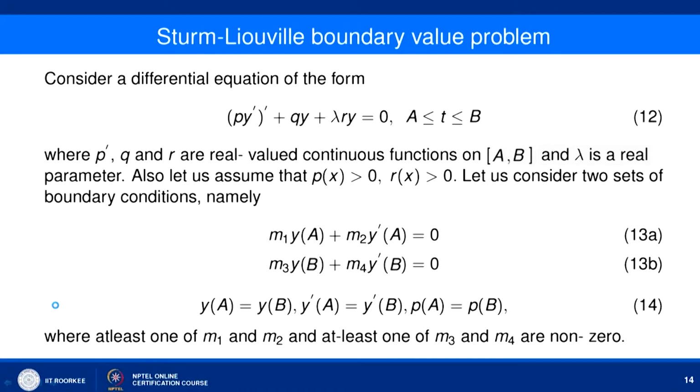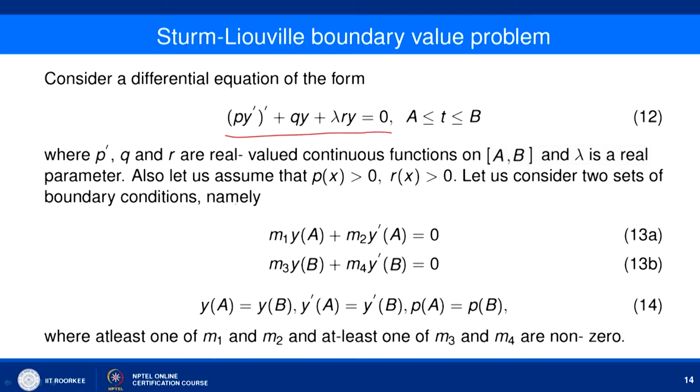First we discuss the differential equation of the form (p y')' + q y + lambda r y = 0. By looking at it we can say that this is a self-adjoint differential equation. Here p, p', q and r are real valued continuous functions on the closed interval [a, b], and lambda is a real parameter.